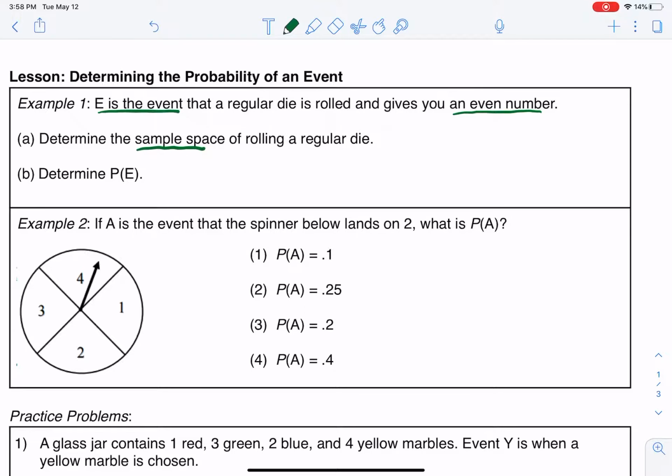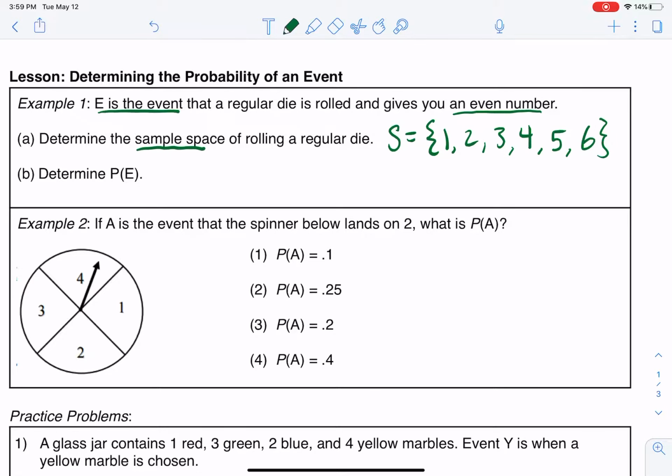Well, it's 1, 2, 3, 4, 5, and 6. The way we show that mathematically with sample space notation is I write S equals, and now I list all the possible outcomes, rolling a 1 through a 6, and I close it up with a squiggly bracket.